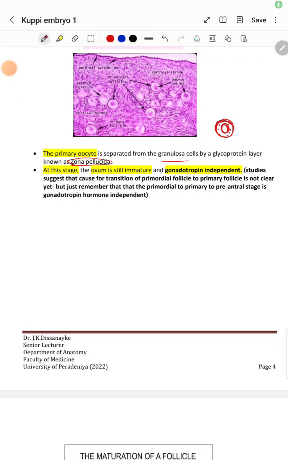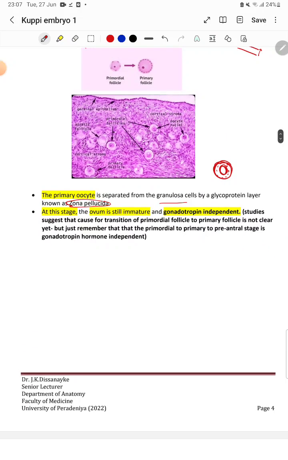Something I highlighted here, I just wanted to mention this. There are two stages: gonadotropin hormone dependent, and gonadotropin hormone independent.